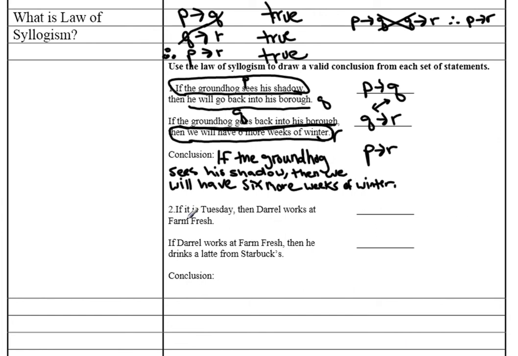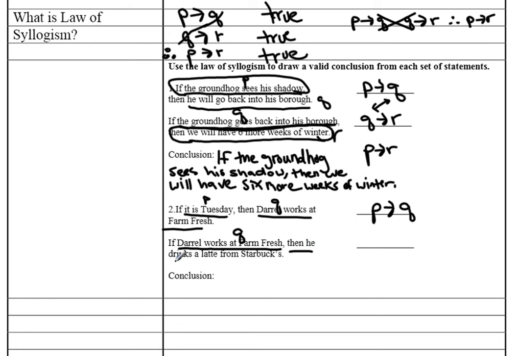Okay, the next example, we want to see if the law of syllogism is used to draw valid conclusions. So if it is Tuesday, which is P, then Daryl works at Farm Fresh. So that's Q. So if P, then Q. If Daryl works at Farm Fresh, well, we already know that Q is Daryl working at Farm Fresh.